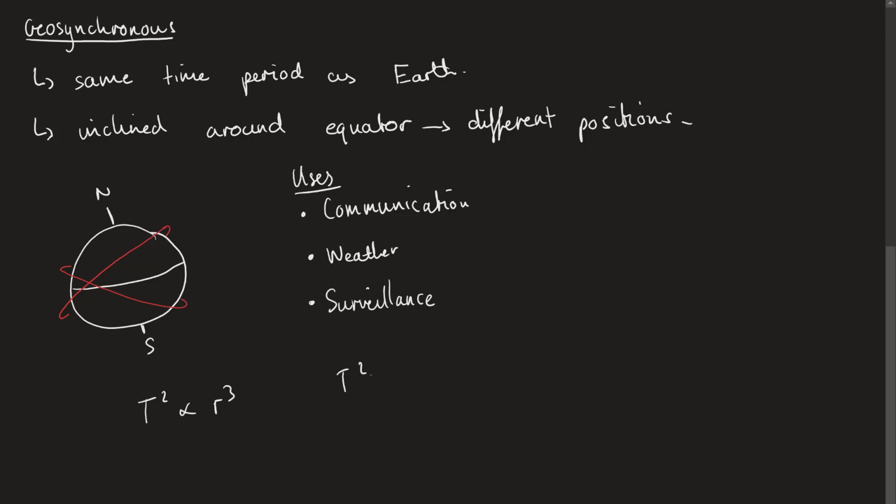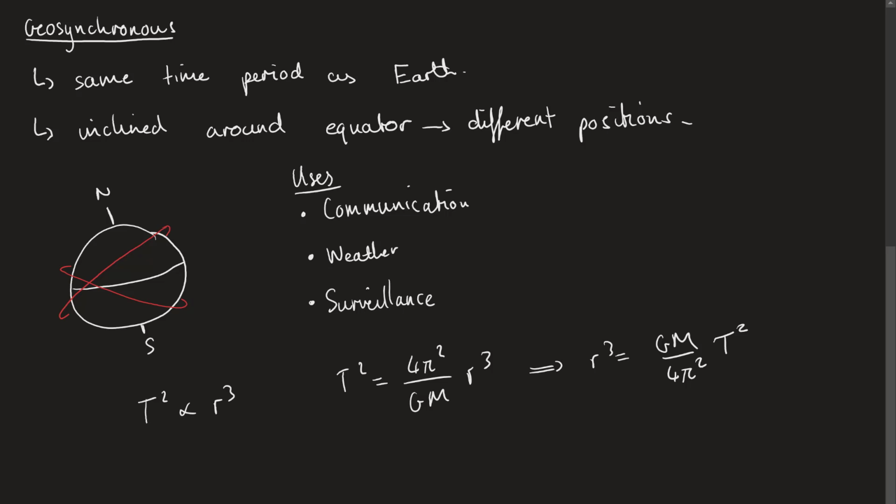You want to say that T squared is equal to 4 pi squared over GM times r cubed. So we could rearrange this to be that r cubed is GM over 4 pi squared times T squared.